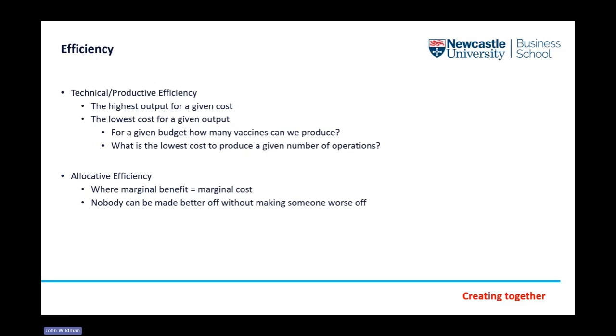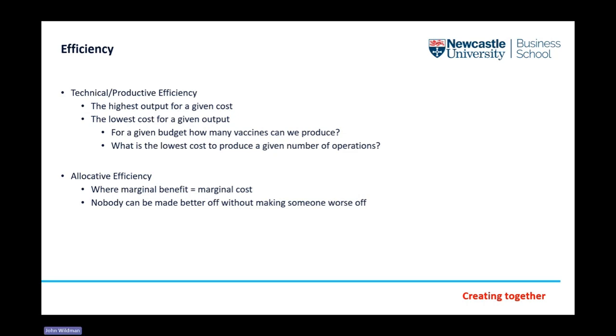Now, if something's allocatively efficient, it will be technically efficient, that's fine. But something that's technically efficient does not necessarily have to be allocatively efficient. And you can think about this from a local authority standpoint.